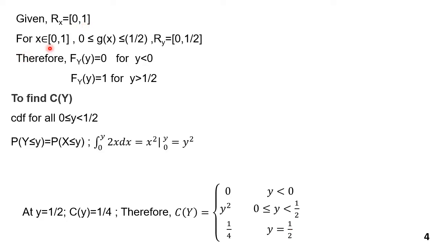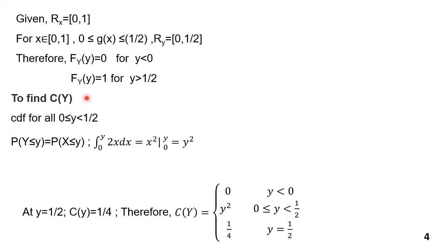For all x belonging to 0 to 1, g of x takes values from 0 to half. Since y is equal to g of x, you can write R_Y is equal to 0 to half. CDF for y less than 0 is 0. CDF for y greater than half is equal to 1.